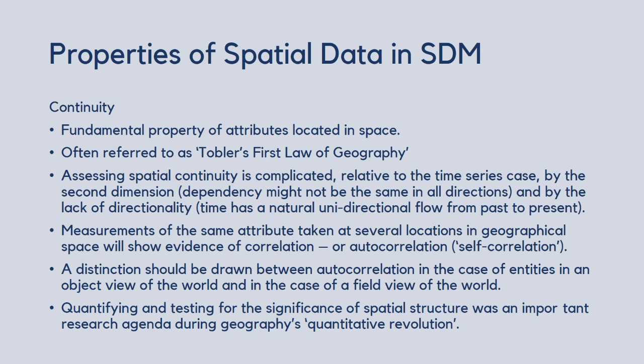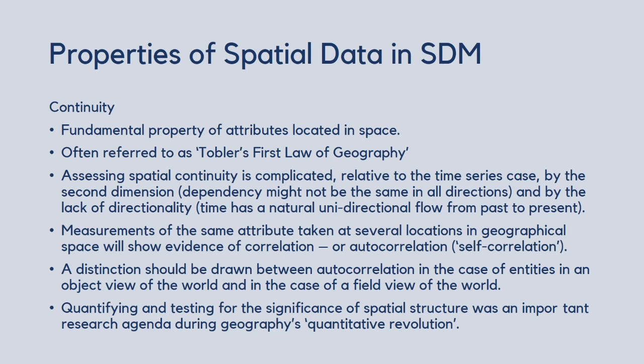So basically, the idea of continuity translates in the spatial context as: measurements of the same attribute taken at several locations in geographical space will show evidence of correlation, or autocorrelation, or self-correlation. So what does this mean? If the value for an attribute at one location is high, it is probable that when the same attribute is measured at a nearby location, the value too will be high, and vice versa.